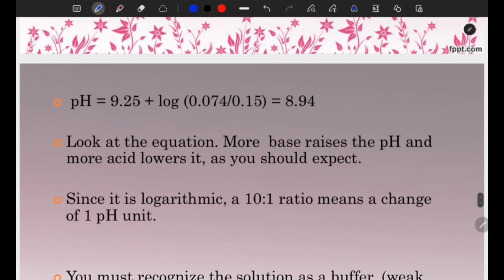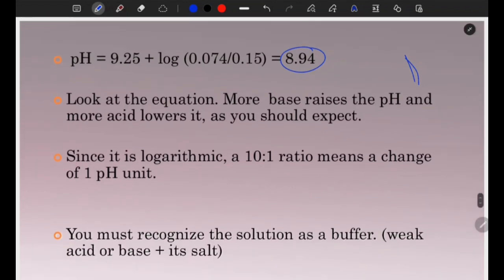Similar to the first question, we just plug in all the information that we have calculated into the Henderson-Hasselbalch equation. After you plug everything in, use the calculator, and this is our answer, 8.94.